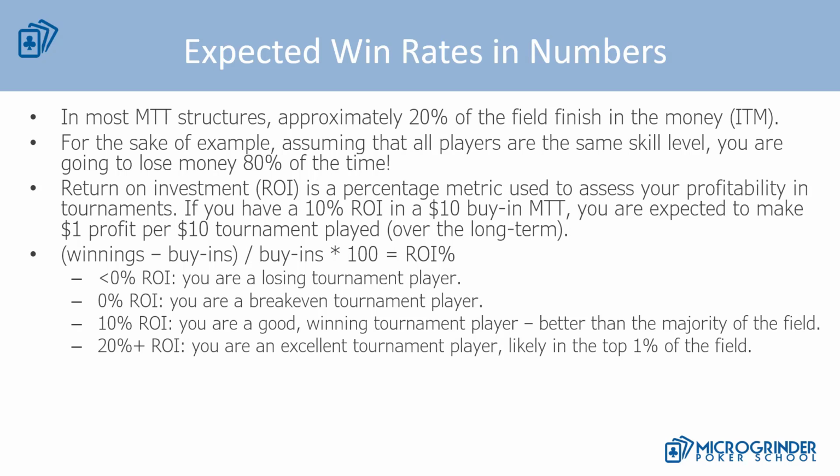But just now, if you have under 0% ROI, so a minus ROI, you're a losing tournament player. Break even would be 0% ROI. Now the 10% would be considered a good tournament winning player, and 20% you'd be considered an excellent tournament player, particularly or potentially even the top 1% in the field.